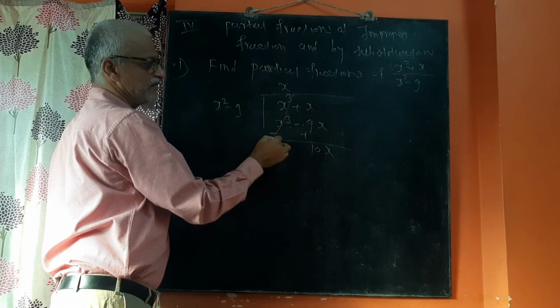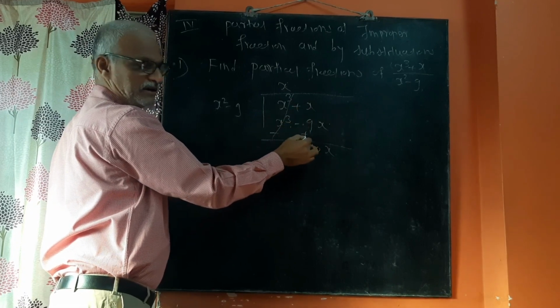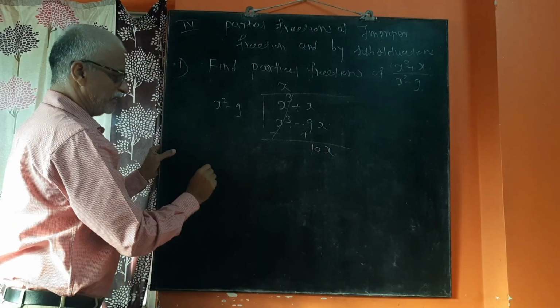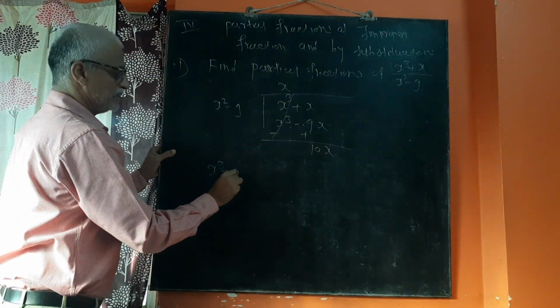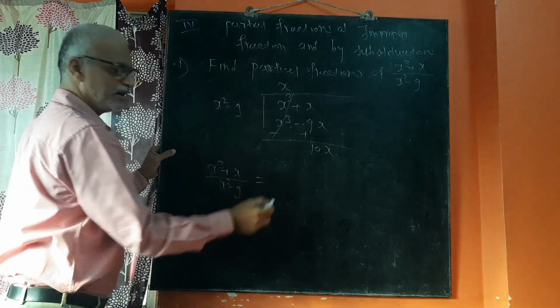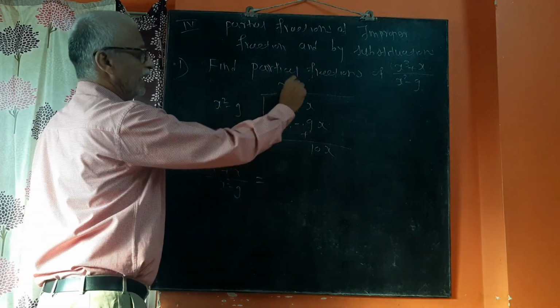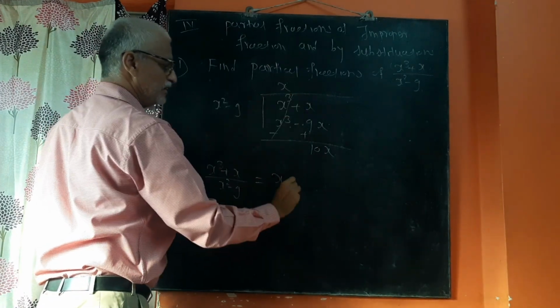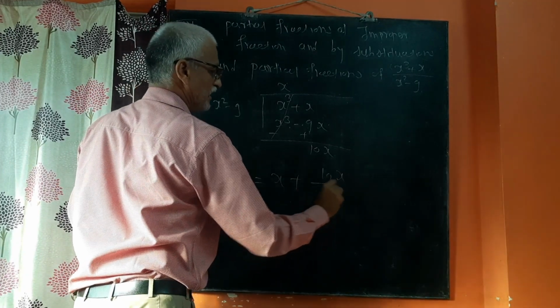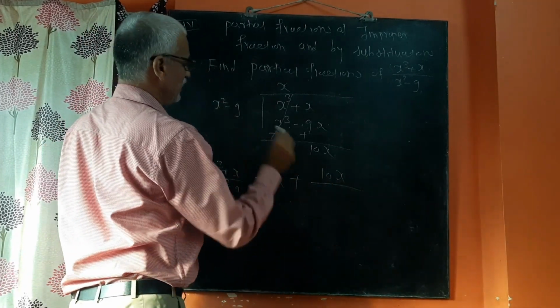Minus becomes plus. X plus 9x equals 10x. That means x cube plus x divided by x square minus 9 can be written as x, that is quotient, plus remainder 10x divided by divisor, that means x square minus 9.